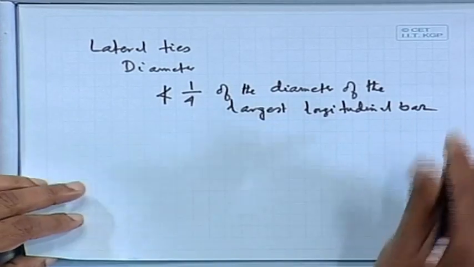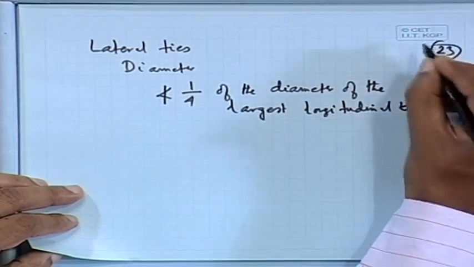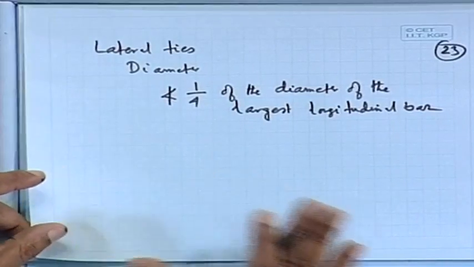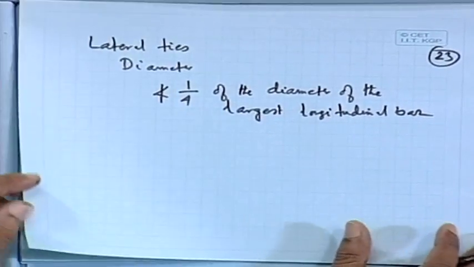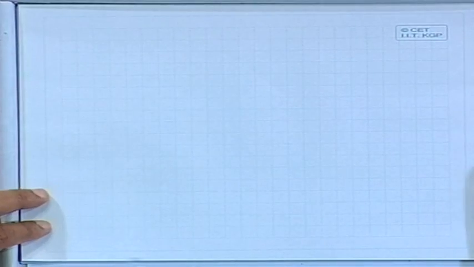So, with this we know the restrictions, and with this we have to design the compression member. There is another way; it is very simple.